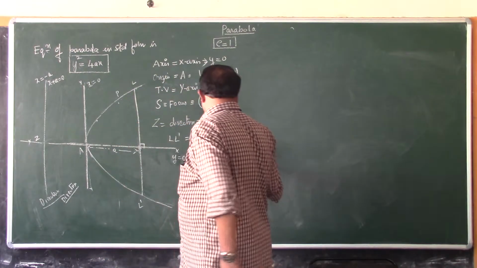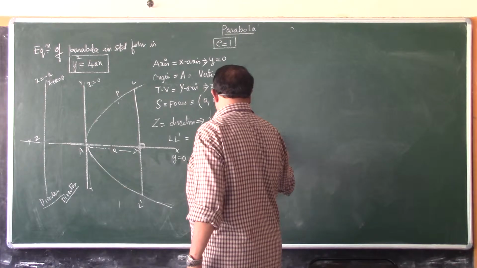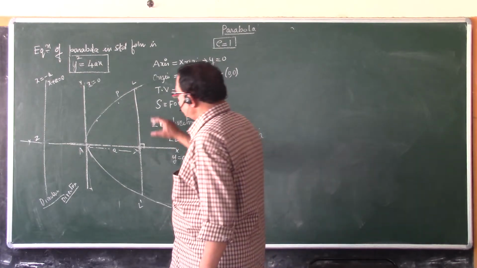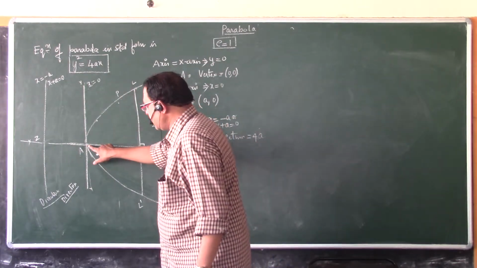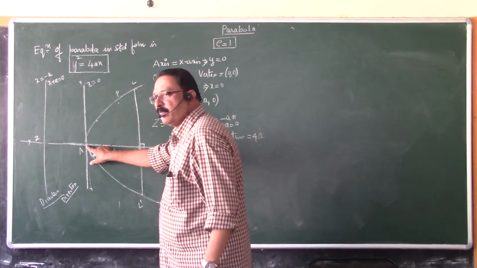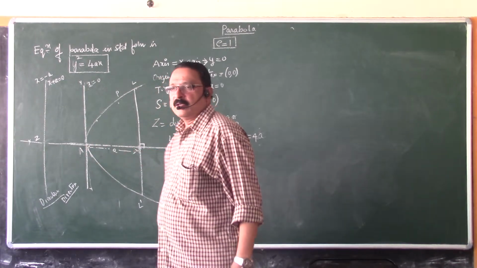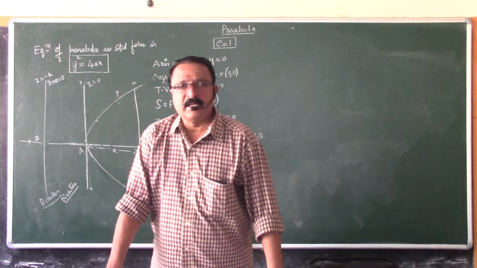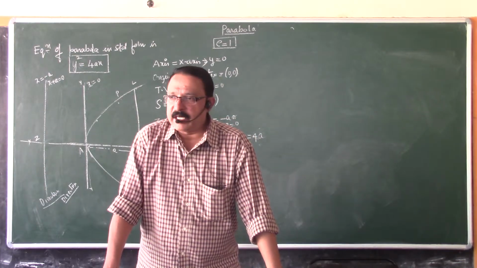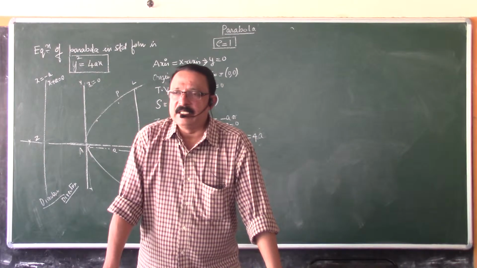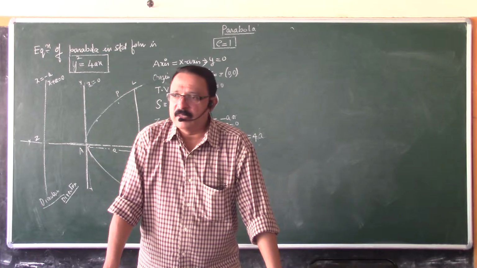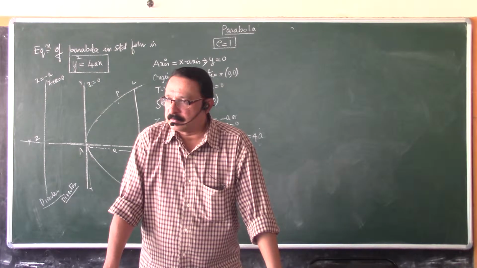It is 4a. You know what a is? It is the distance between vertex and focus. 4 times the distance between the vertex and the focus is the length of the latus rectum of a parabola.